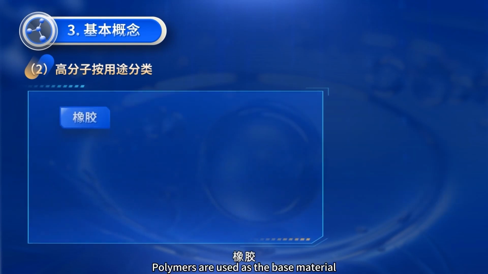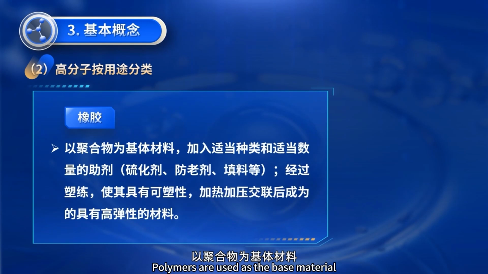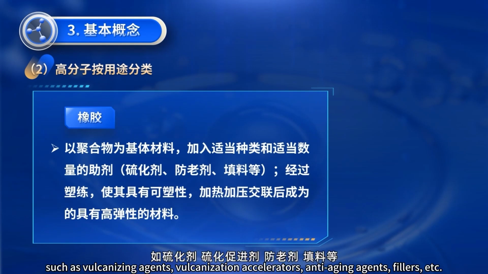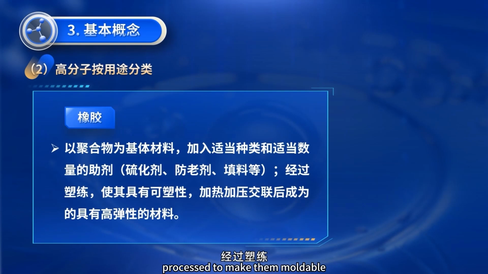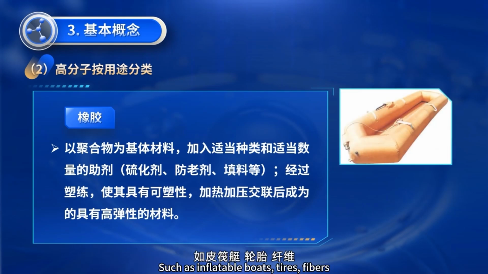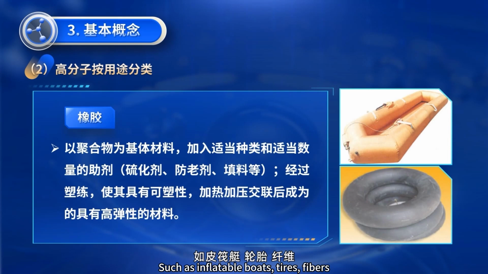Rubber: polymers are used as the base material, with appropriate types and amounts of additives added, such as vulcanizing agents, vulcanization accelerators, anti-aging agents, fillers, etc., processed to make them moldable. After heating and pressurizing cross-linking, they become highly elastic materials, such as inflatable boats, tires.